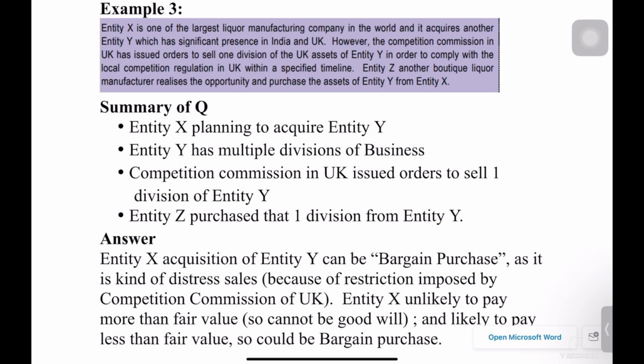Given the situation, of course, entity X will not pay more than the fair value of the assets acquired from Y, because it ultimately cannot use those assets to run the business, as there is a restriction that one division needs to be sold within a certain period of time. Using this trump card, entity X can bargain with entity Y to pay less than the fair value of the assets acquired. So we can conclude this situation would lead to a bargain purchase rather than goodwill.